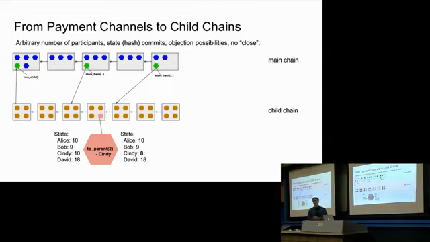It depends on the objection mechanism, but one way would be that this new child call would contain a list of addresses who are allowed to set the hash at a later point in time. Does that answer your question?